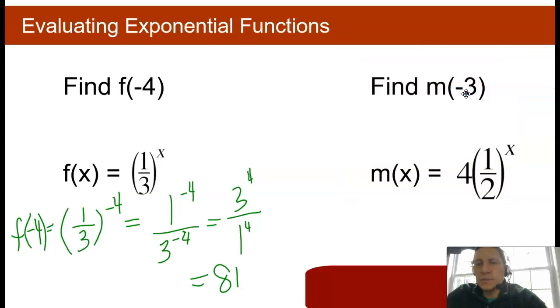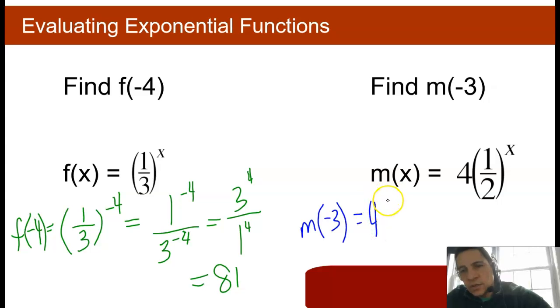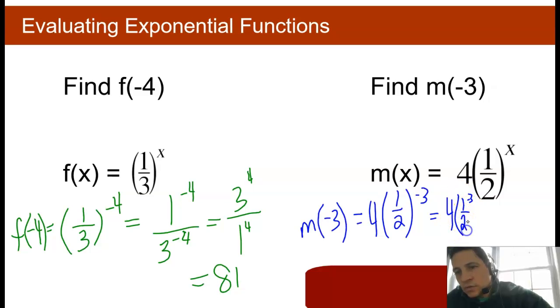All right, try this one. I have m of negative 3 is equal to 4 times a half to the negative 3rd. Well, what is that equal to? That's equal to 4 times 1 to the negative 3rd over 2 to the negative 3rd.